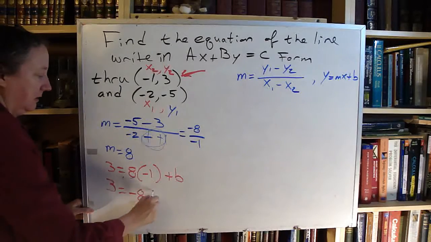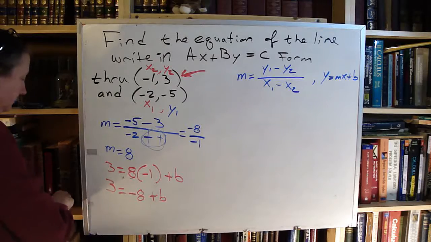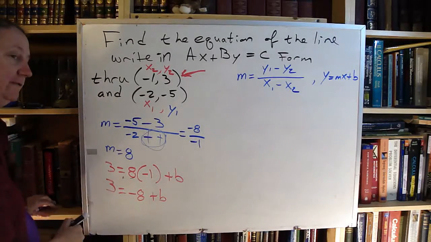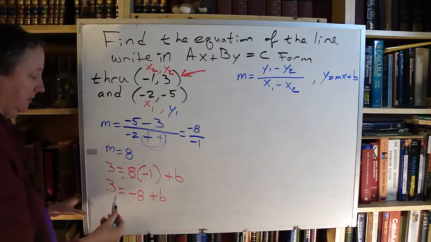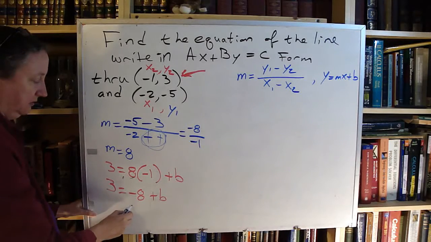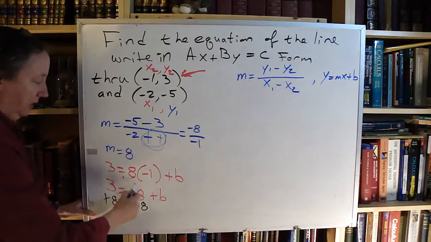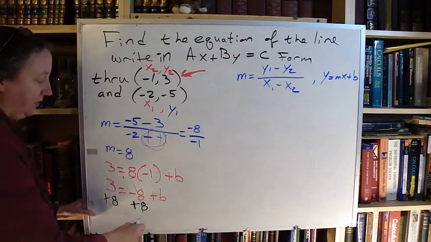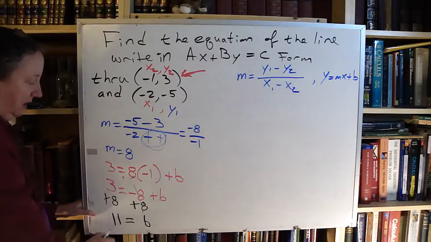Carry down my plus b. I'm solving for b. That's the only letter in the problem. So I need to get rid of the negative 8 here. Okay, you got it? I'm adding 8 over. So now my negative 8 plus 8 cancels out. I have b all alone on this side equals 3 plus 8, 11.